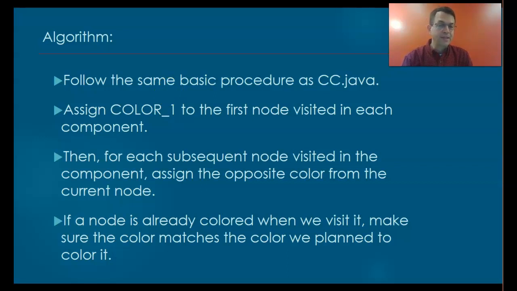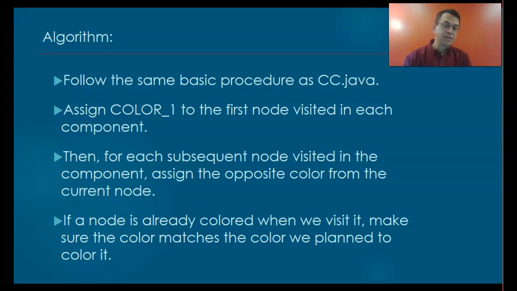But this time, each time we begin a depth first search, we'll assign the first node a given color. Let's call it blue. And then for each subsequent node in that component that we visit, we will assign it the opposite color of the node that we're currently on. So if we're in a node of blue color, we'll assign the next one red. And then if we're in a red node and we visit another node, we will assign that new node blue.